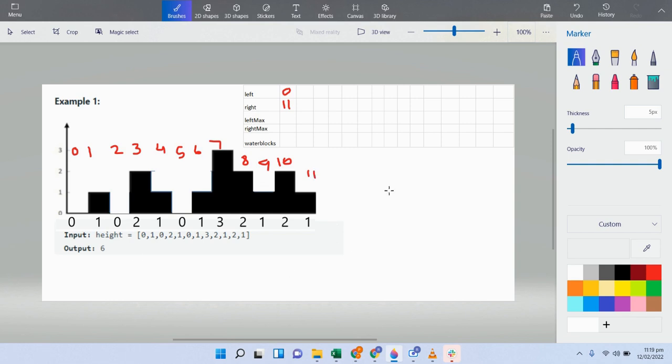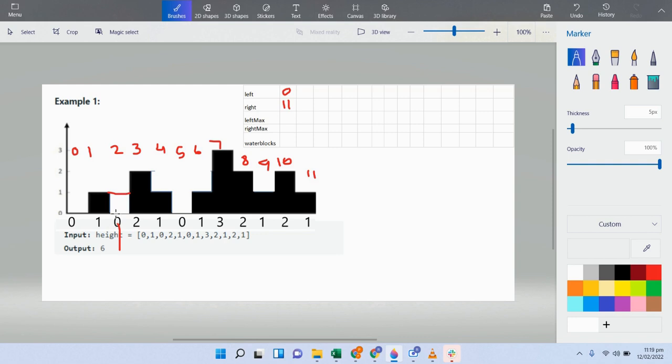The second thing I was telling you is that not only do we need to keep track of the left and right pointer, we need to keep track of left max and right max. And why do we need to keep track of left max and right max? Because whenever I need to measure the water at this place, I need to see what the boundary is on the left side.